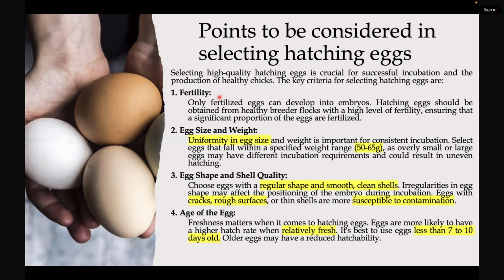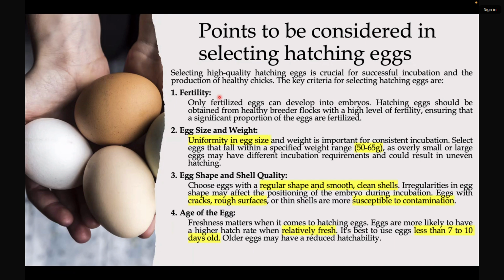We need to know. And also the sperm they are using for AI, or the male they are using for natural mating. You need to know whether they are from a well known or renowned breed or not, grandparent stock and parent stock or not.